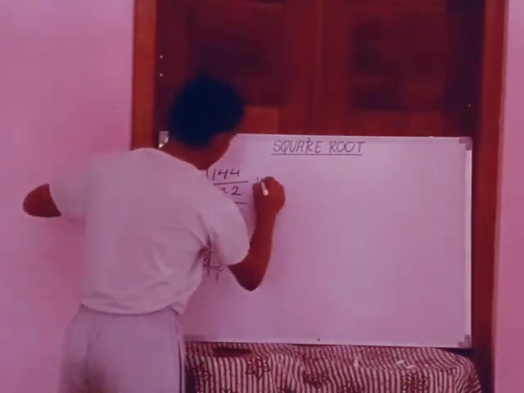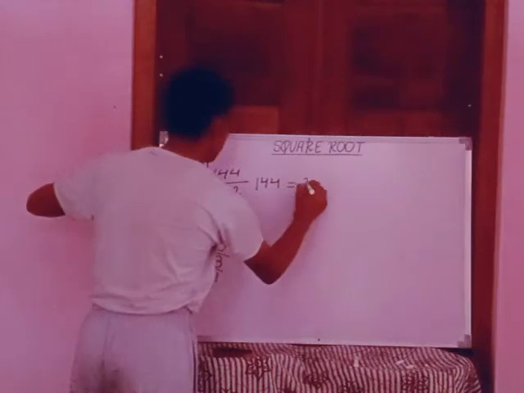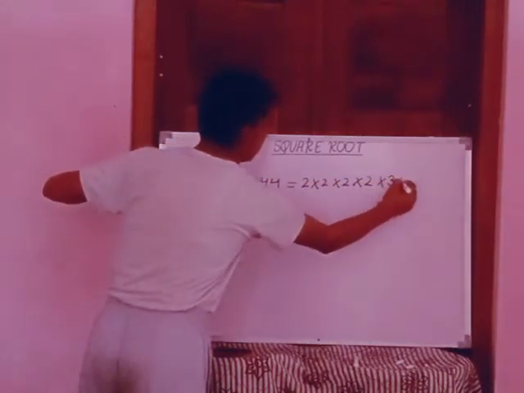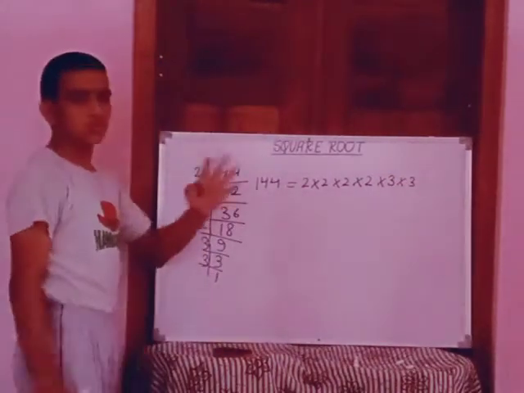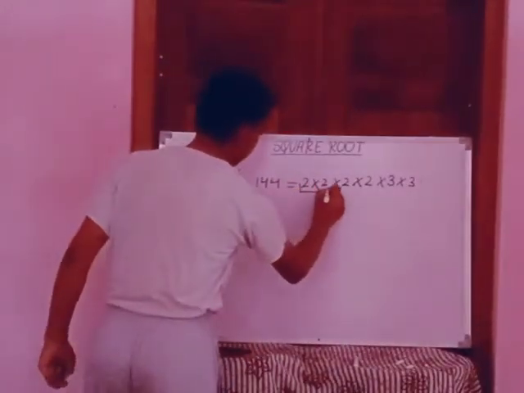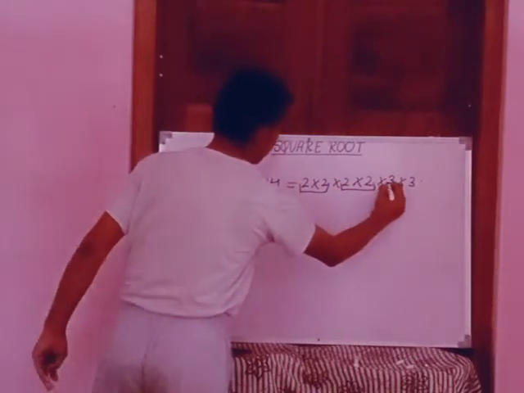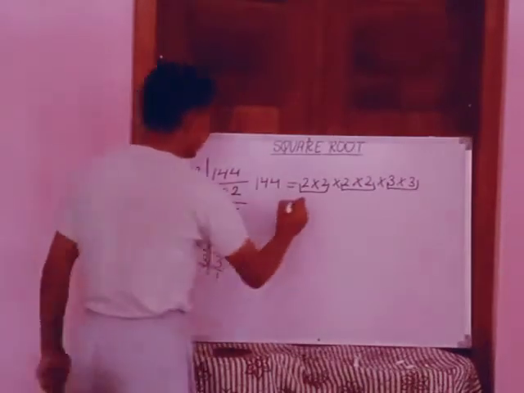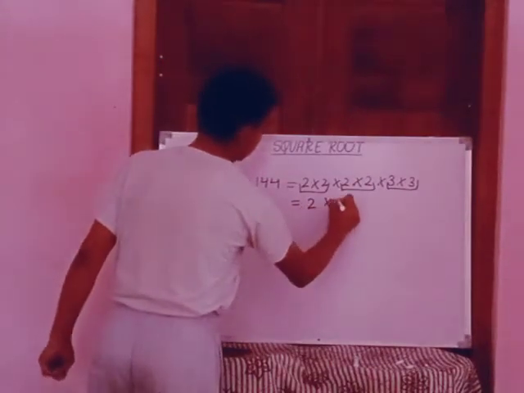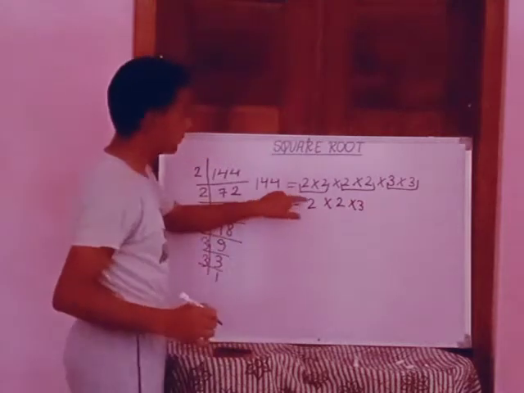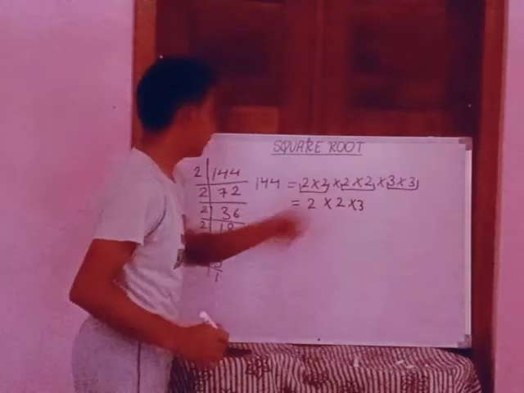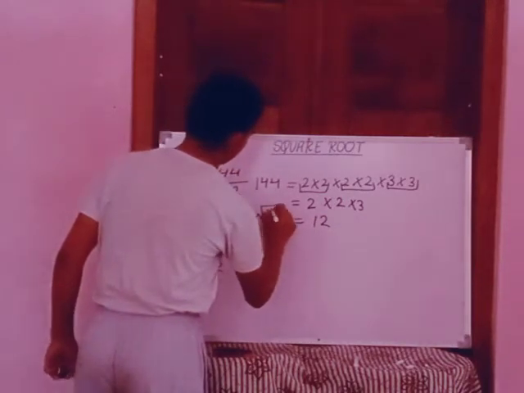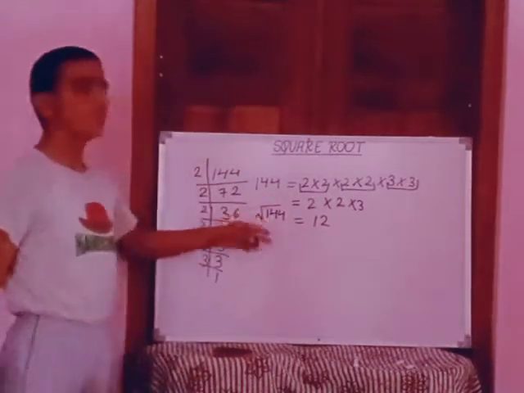So 144 is equal to 2 into 2 into 2 into 2 into 3 into 3. Now let's make pairs of two numbers. This is the first pair, this is the second pair, and this is the third pair. Now let's take one number from each of the pairs. 2 from this pair, 2 from this pair, and 3 from that pair. It would be 12. So 12 is the square root of 144.